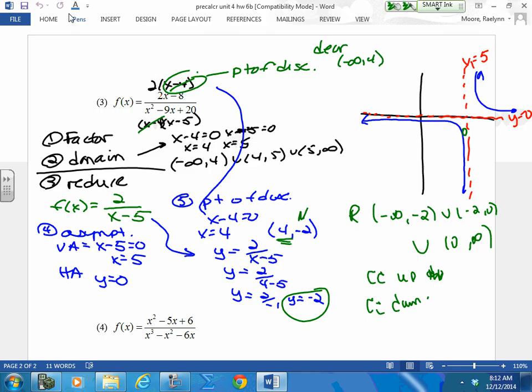Then I'm good until I hit the 5. Then 5 to infinity. Oh, doesn't that look like my domain? In concavities, you got to take that out too. This is a concave up, no problem. Your concave down is negative infinity to 4, and then 4 to 5.